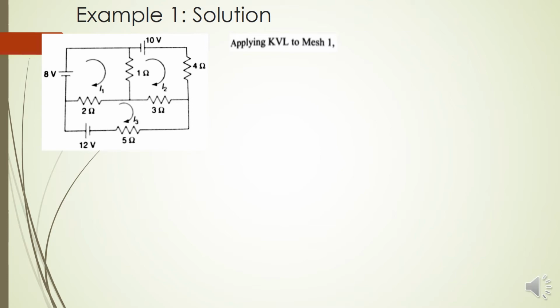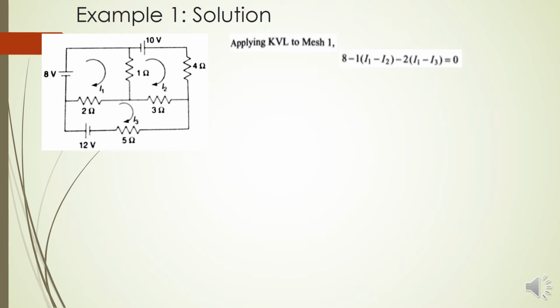Now we will apply Kirchhoff's voltage law to mesh 1. Since the battery polarity is minus and then plus, negative to positive, voltage rises there, so it is represented by plus 8.